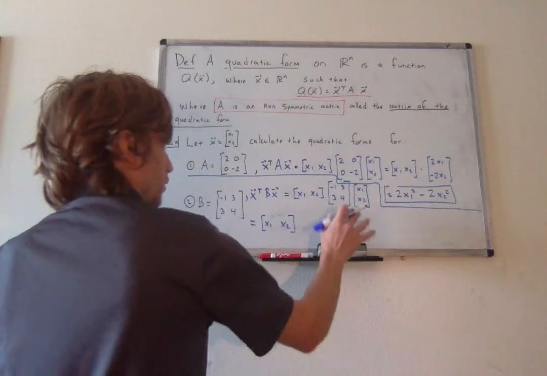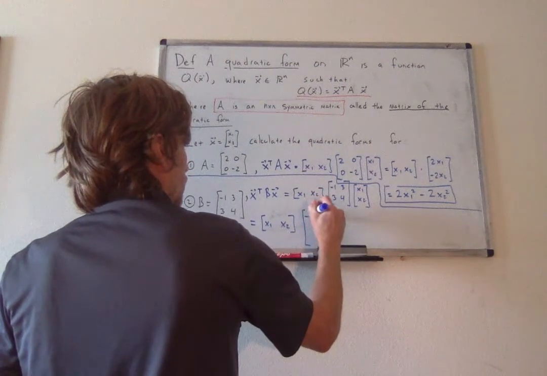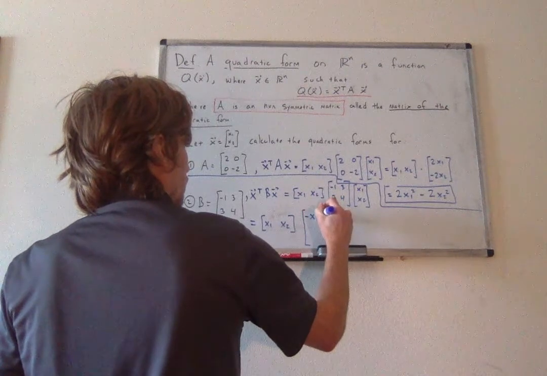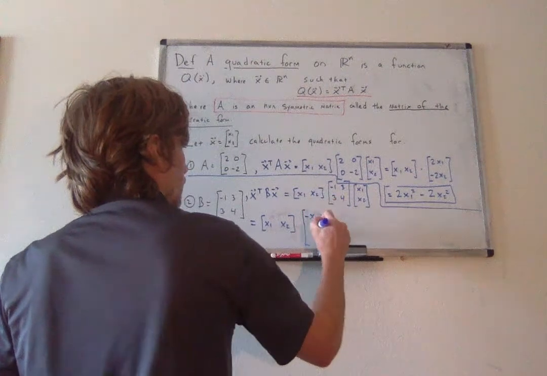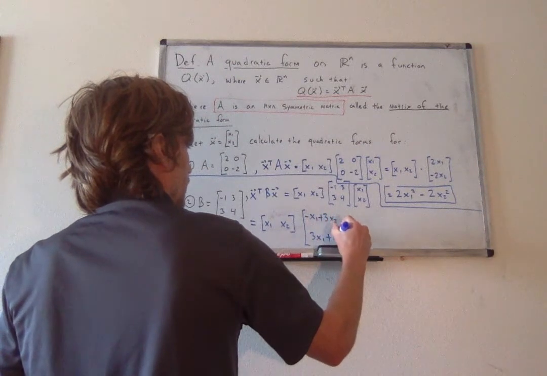All right, so first things first, I'm going to multiply again the right-hand side of this to get a vector. So this should give me negative x1 plus 3x2 and 3x1 plus 4x2.